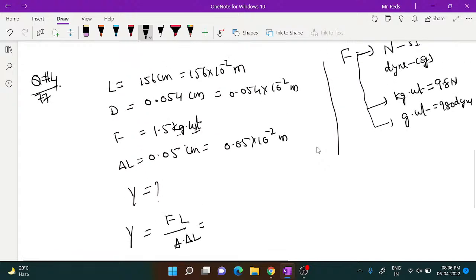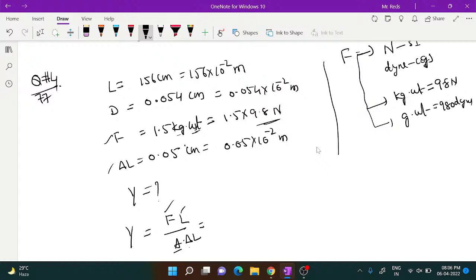Here F is given in terms of kg weight, so it is equal to 1.5 into 9.8, or 10 also you can take, in Newton. F is given, L is given. Is area given? No. Is delta L given? Yes, the average value of delta L is given.